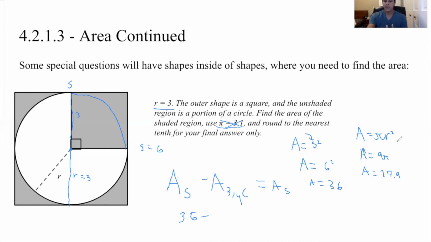But we have to find the area of only 3/4 of that circle because this part of the circle doesn't actually exist. So if we find the area of 3/4 of the circle by multiplying 3/4, which is 0.75, if you like to think about it that way, by 27.9, that's going to give us 20.925.